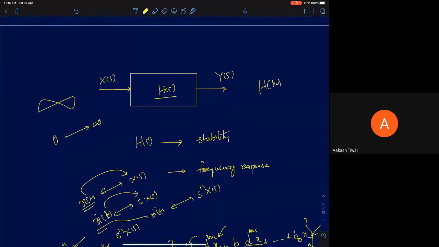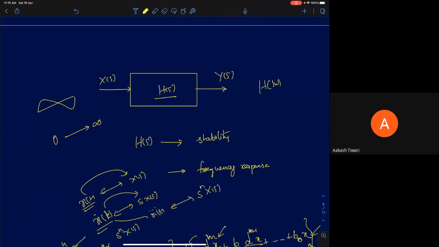We said you take any system, and an amplifier can be a simple system. The first thing we do is try to compute the transfer function of that system. We compute the Laplace transform of the impulse response and call it the transfer function. From the knowledge of the transfer function, we can say two important things.